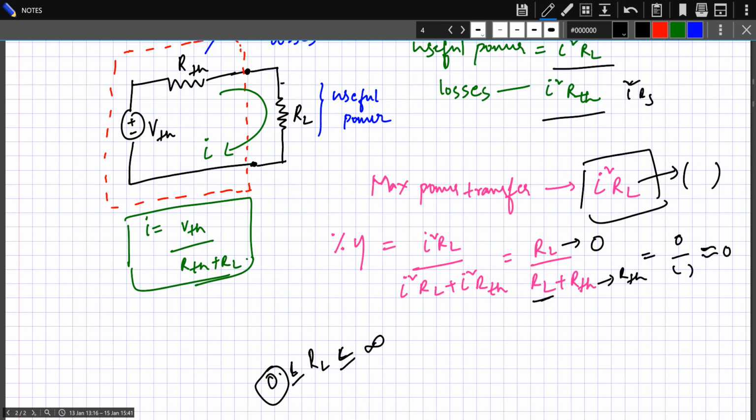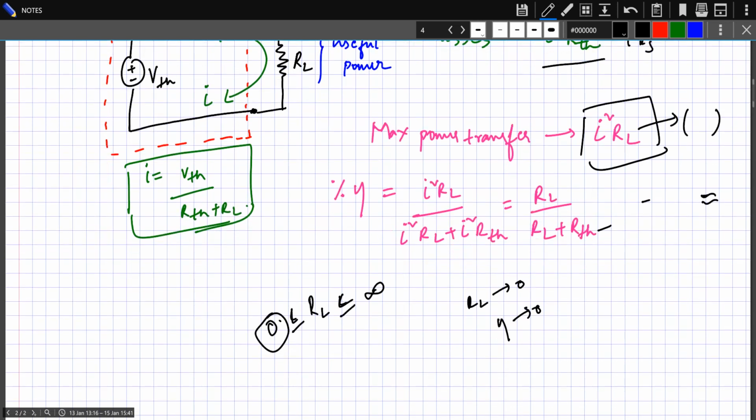Now what did we get when we had RL very small, approaching 0? We had efficiency approaching 0. We will talk about the physical significance and intuitively analyze the circuit, but let's now just analyze through the mathematical way.